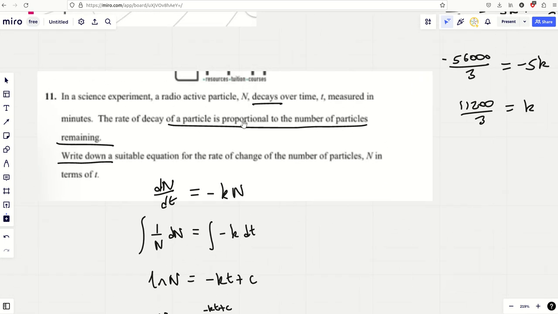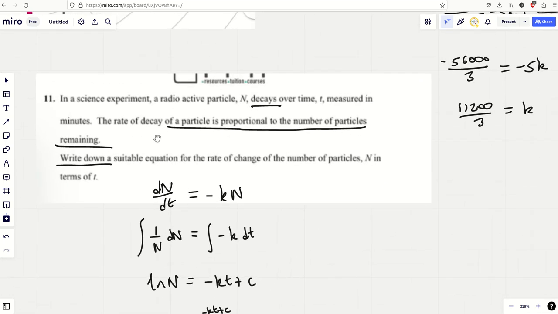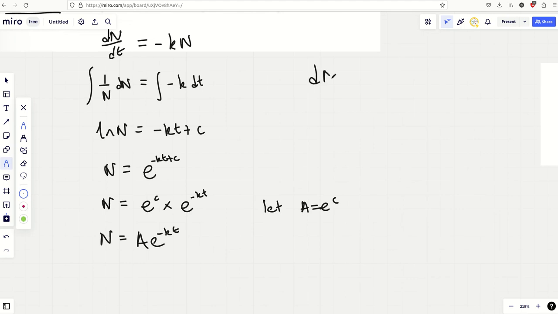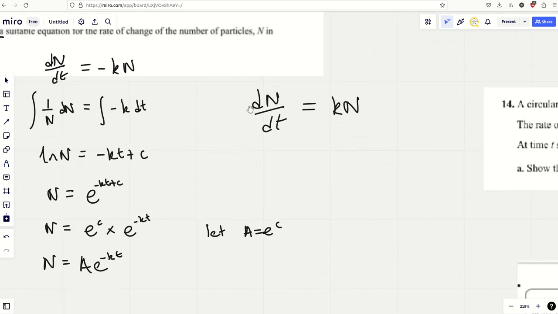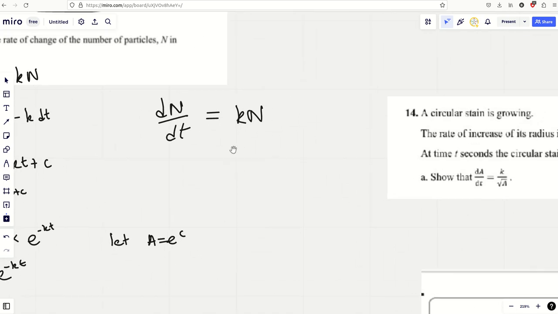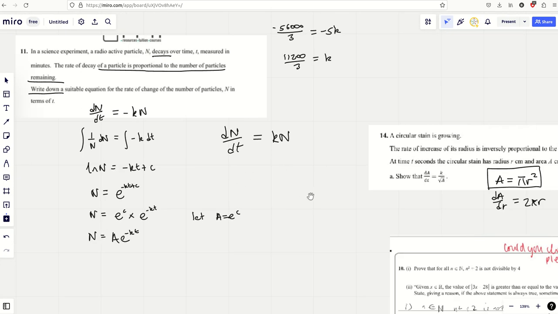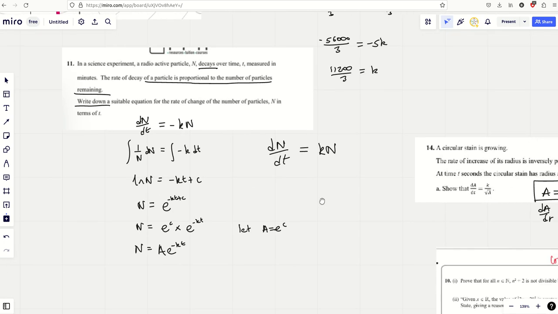So if it ever asks you to model a situation where the rate of change is proportional to the current population, the classic thing where I use this is population modelling, yeah, because one nice way of modelling any population is to say the rate of change is proportional to the number of people in the population. In other words, with more people in the population, the population's going to be growing faster. Fewer people in the population, it's not going to be growing as fast. And it's always an exponential situation because population tends to grow exponentially.